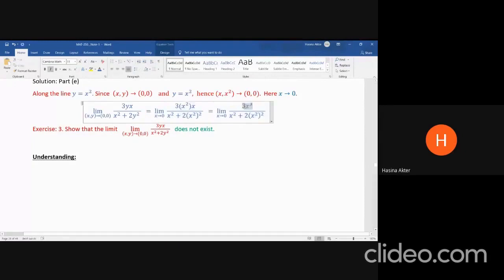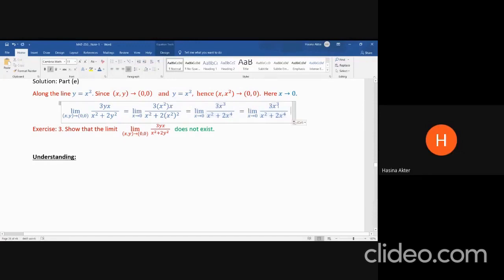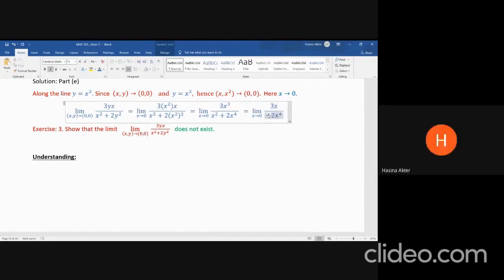Then, if you reduce the fraction by x squared, what is the denominator then? 1 plus 1 plus 2, 2. Very good. 2x squared. Now I did it for you.